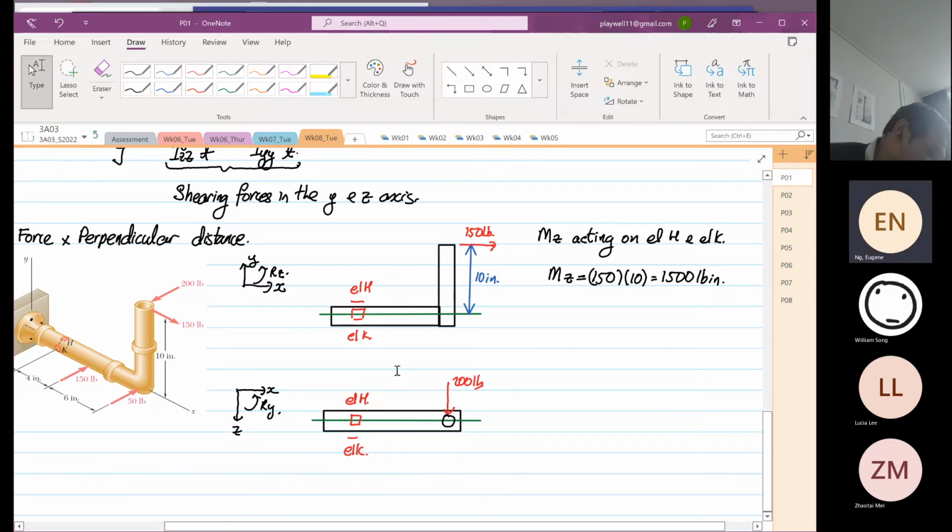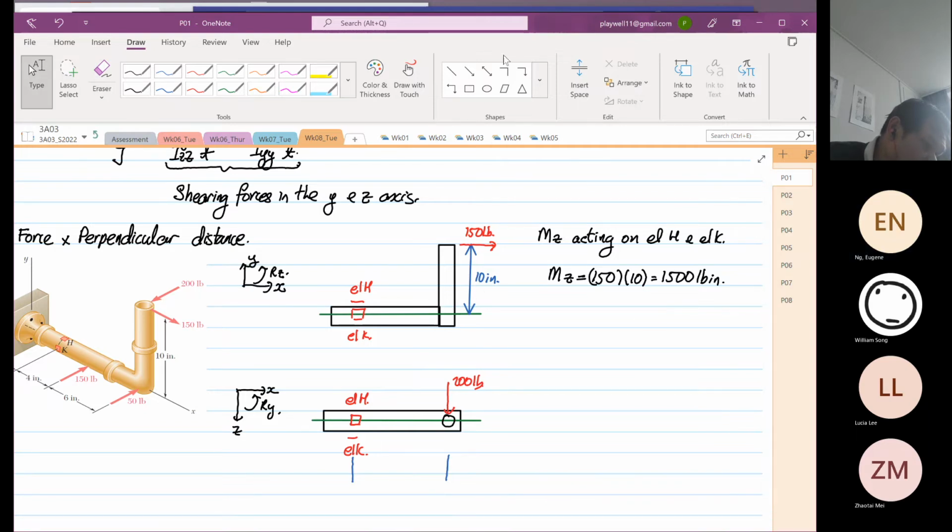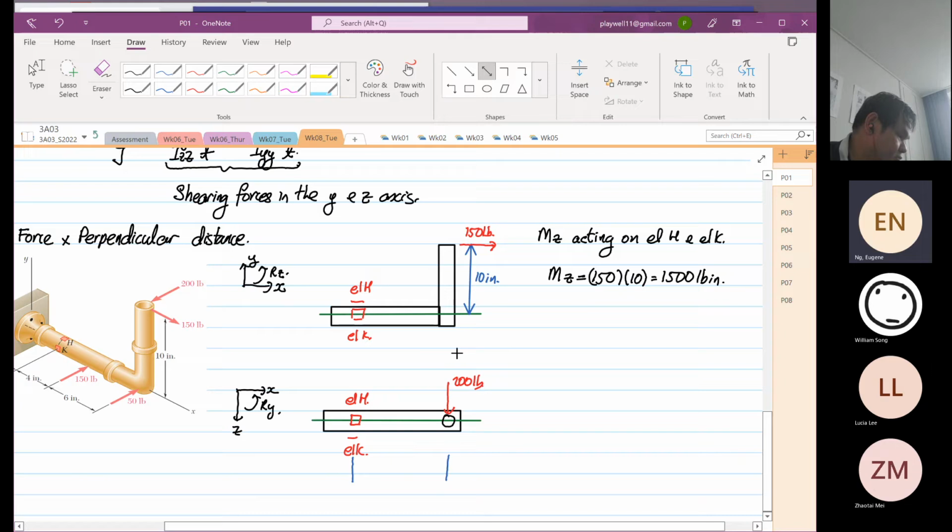And the distance to the 200-pound force, we are aware that this is the distance from here to here. And that distance over there is 10 inch.